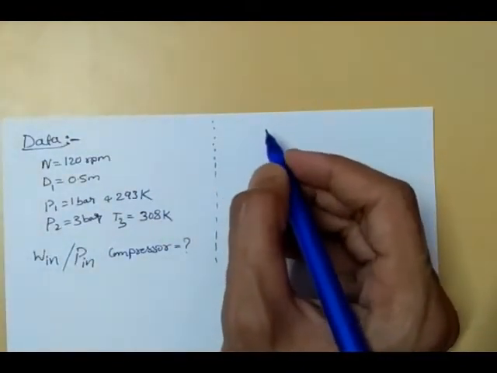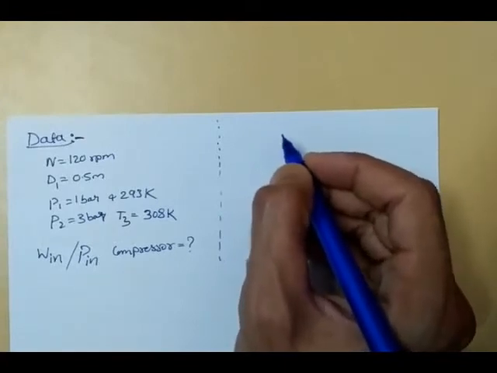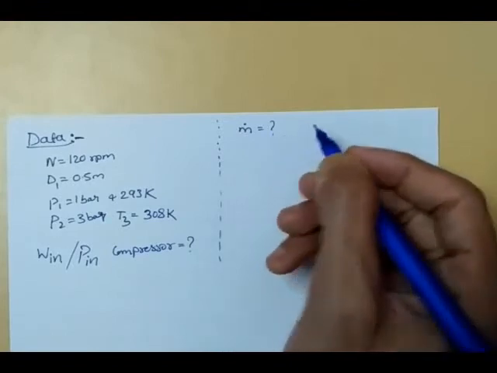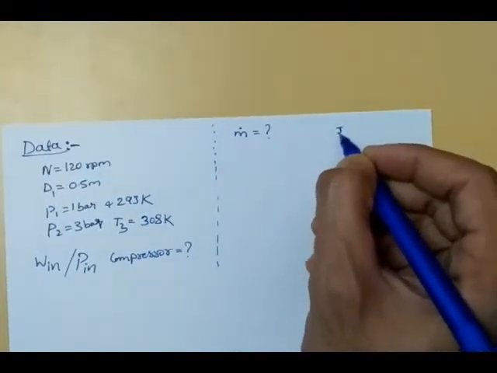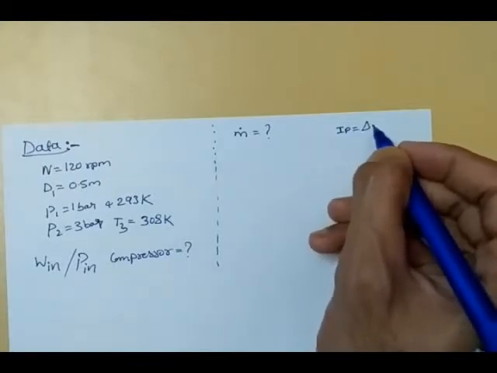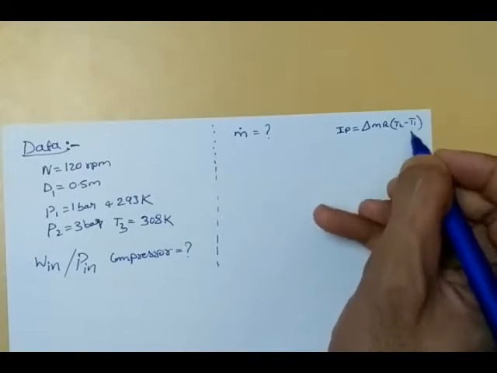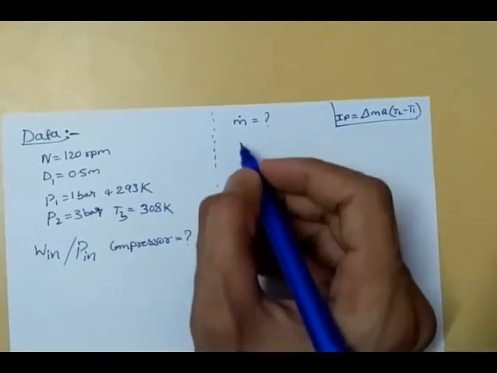Now what we have to calculate first, we'll calculate the mass flow, because we know the equation, right? IP is equal to m dot Cp (T2 minus T1). So for this equation we need m dot.